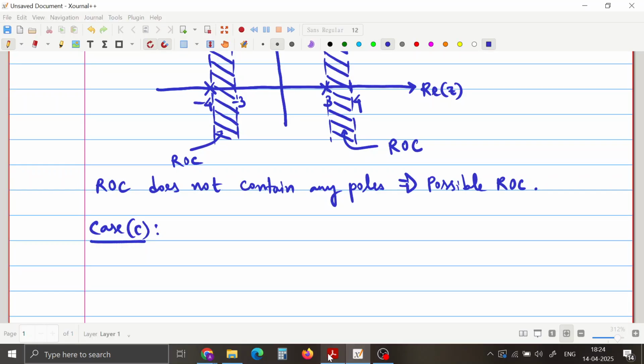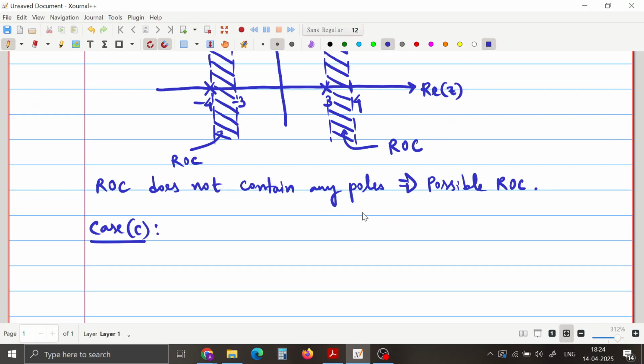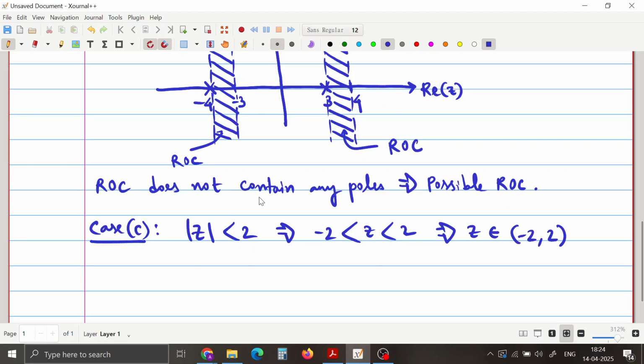The case C is given by this region, which is mod z less than 2. Okay, mod z is less than 2, which means z is bounded within this interval, from -2 to +2.